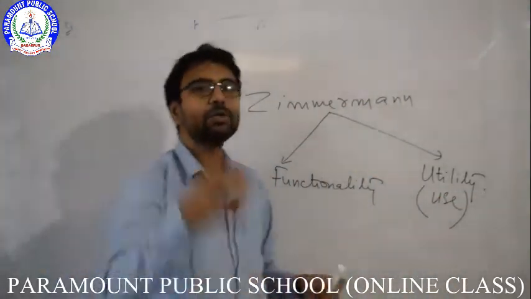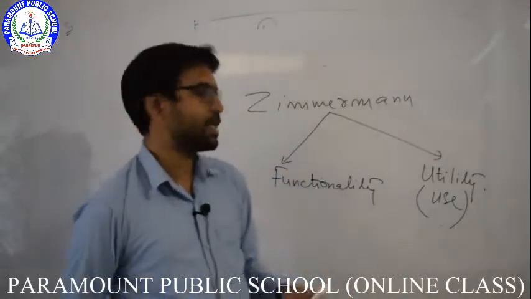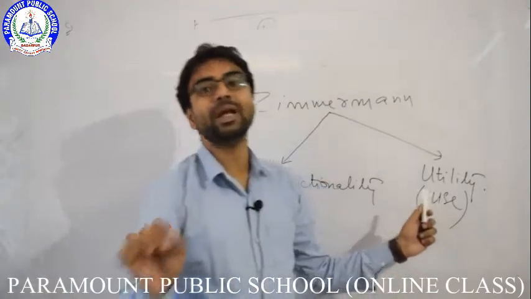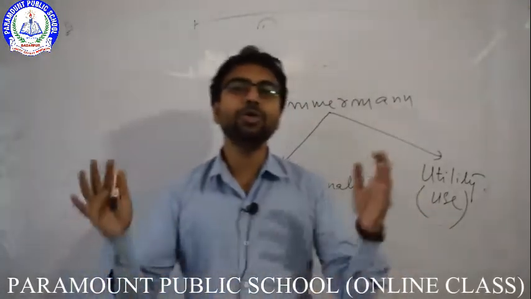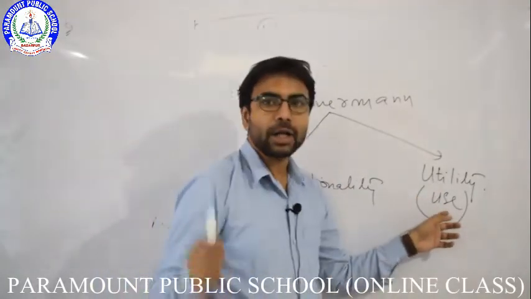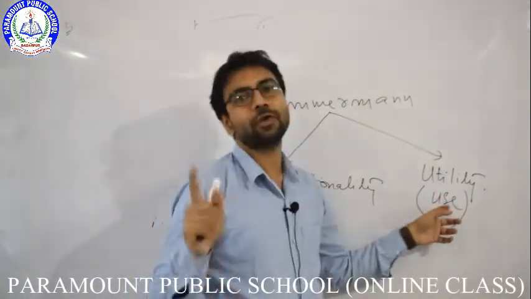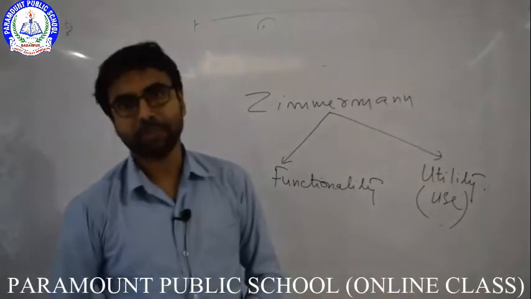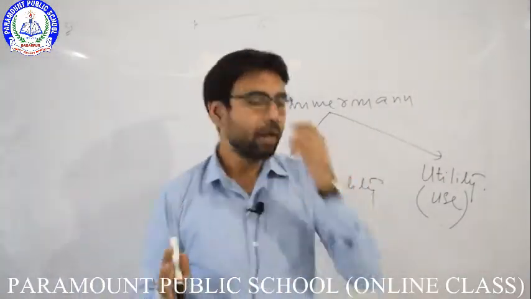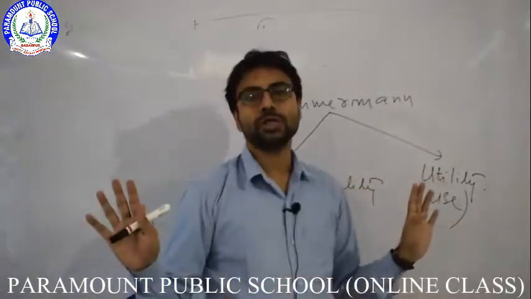So for anything to become a resource, two qualities are necessary, functionality and utility. Utility means usability. You should be able to use it for your benefit. If you are not able to use something for your benefit, it is not a resource.